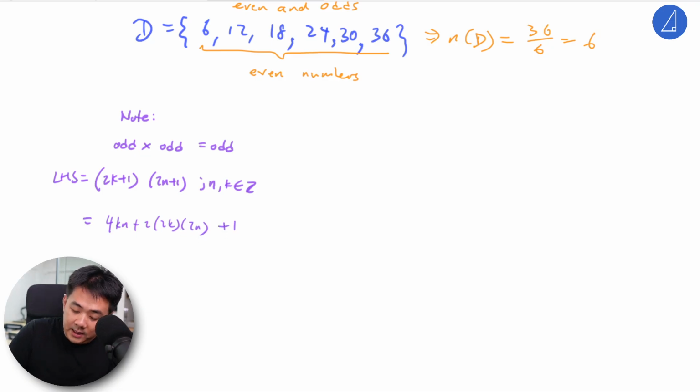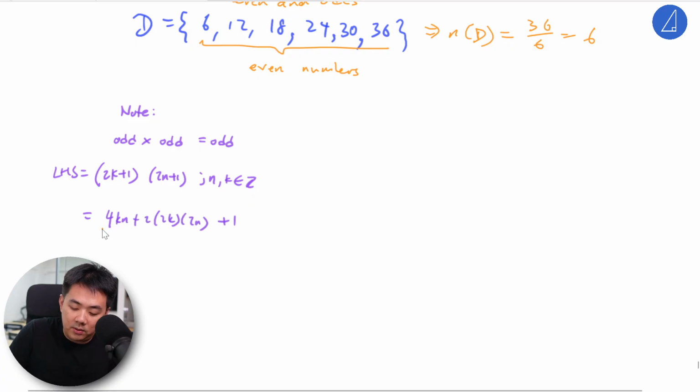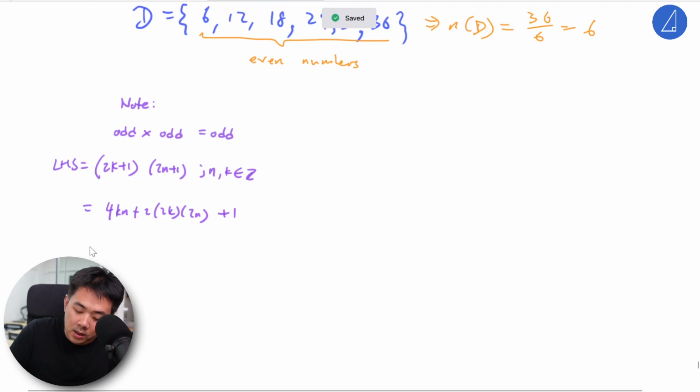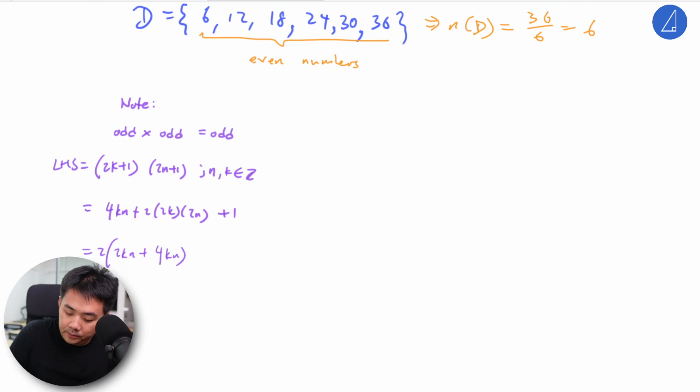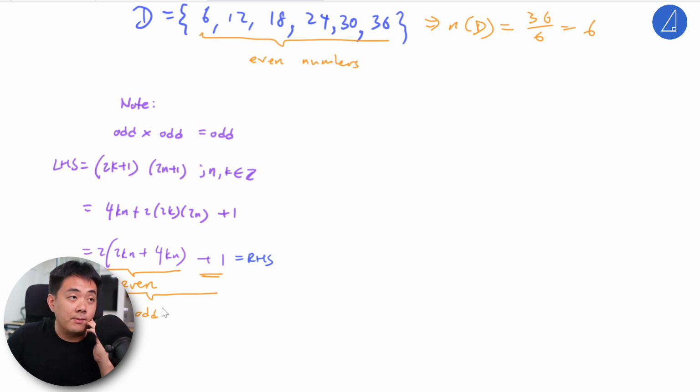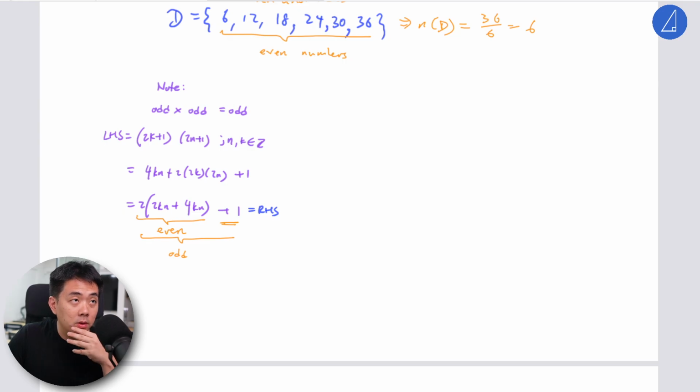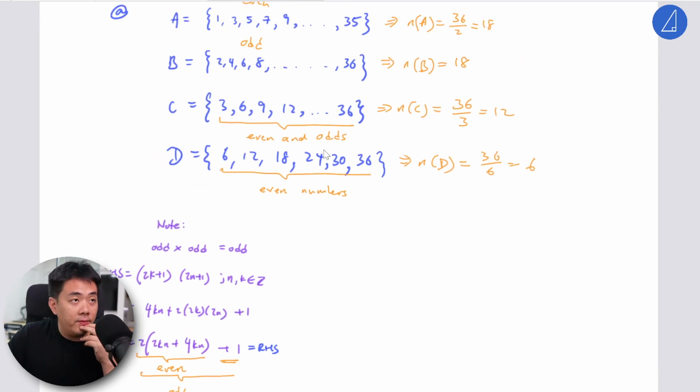Anything multiplied by an even number is even, so you can factorize the 2 out. The definition of even is basically this, so this part is an even number. Then you add a 1, and obviously this will be odd. So the entire thing will be odd. So odd times odd is odd.